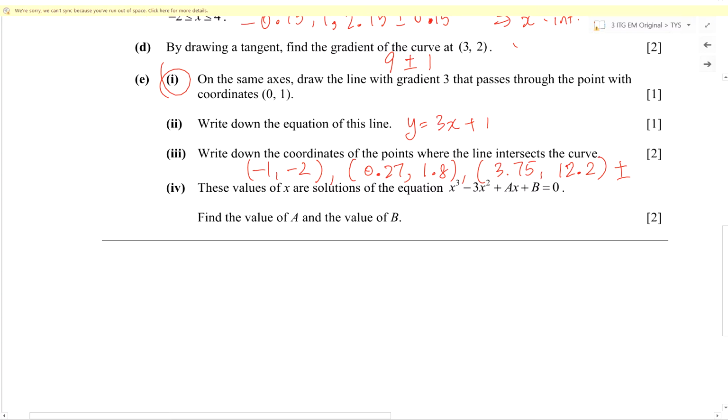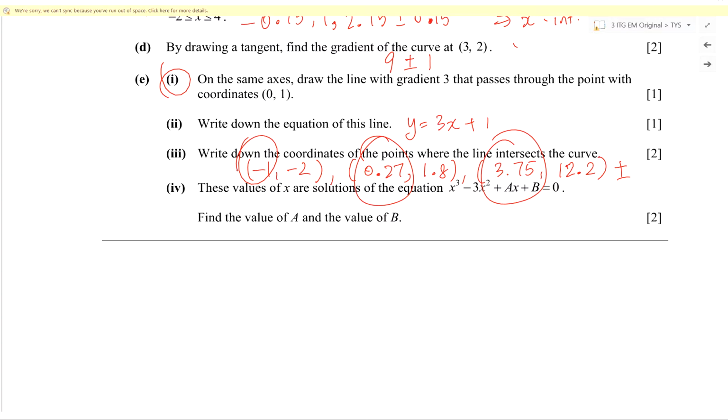Your graph is inaccurate. These coordinates are inaccurate. Okay, so these values of x, they're referring to -1, 0.27, 3.75 estimated. They are the intersection of two graphs. I need simultaneous equations of two graphs. What are the two graphs?